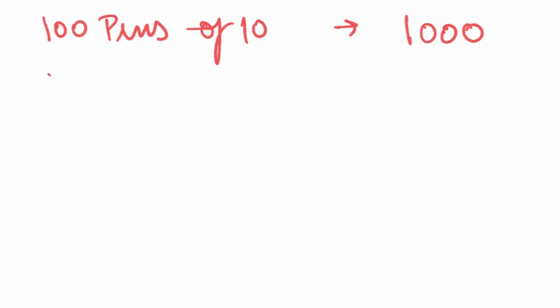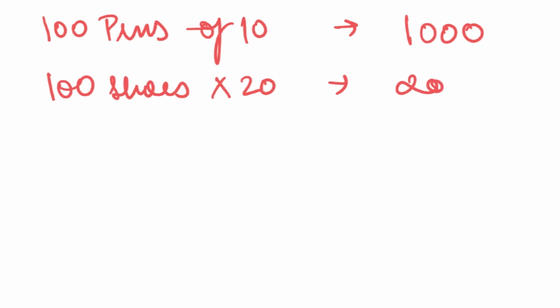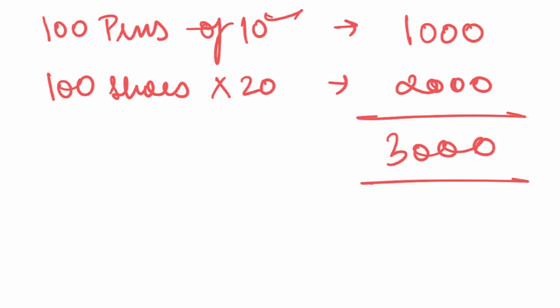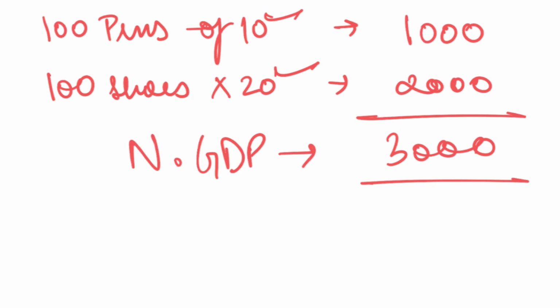And let's say there are 100 shoes being produced at rupees 20 each. So the total value comes to 2000 rupees. Whenever we add this, it comes to rupees 3000, this is their current market price. So whenever we sum it up, the value that comes is nominal GDP. As simple as that. Now let's understand what is real GDP, and then you can clearly make out the difference.